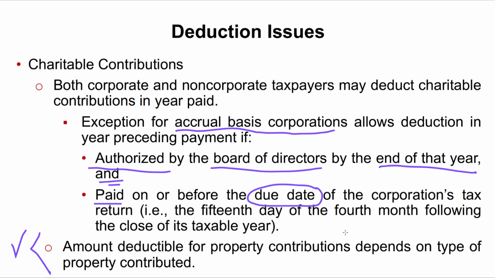It could change. It's been different in the past. So if you're a calendar year corporation, that means April 15th, and you can have an extension on that, but it's the regular due date.